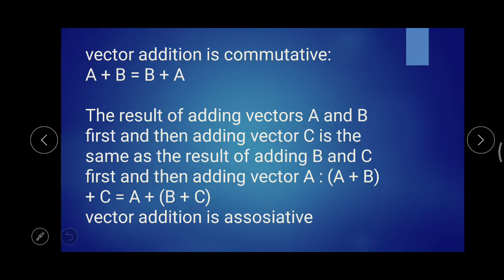The vector addition will always be associative. As a statement, the result of adding vectors A and B first and then adding vector C is the same as the result of adding B and C first and then adding vector A. A plus B all plus C is equal to A plus B plus C together.